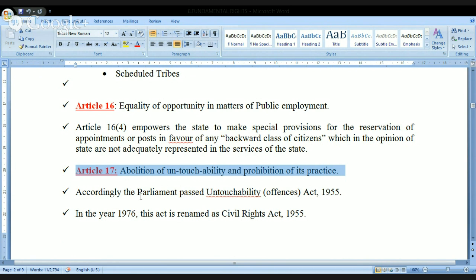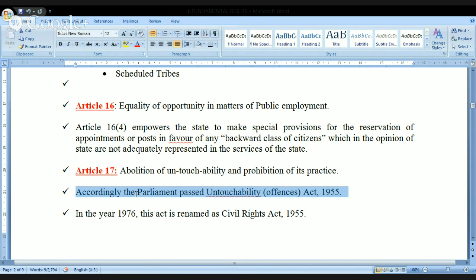And in order to give effect to that, the Parliament has passed the Untouchability Offences Act of 1955. Meaning, under this Act, the people who practice untouchability will be punished.